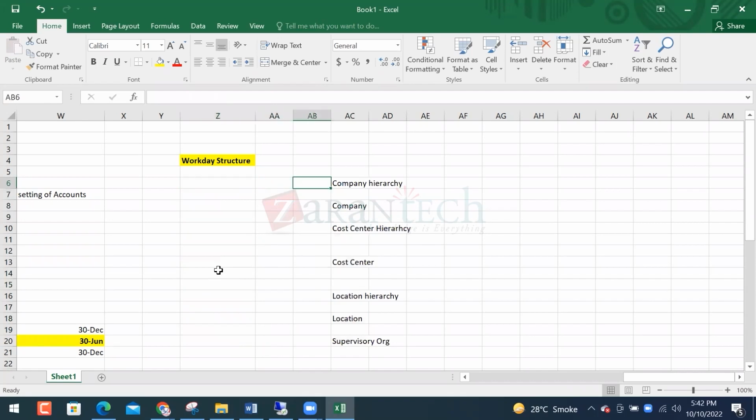Now I will give you the idea about the Workday structure. In any Workday HCM, Workday supply chain, or Workday financial, if you have a good idea about the structure, then you will solve the existing problems, I think 50%.